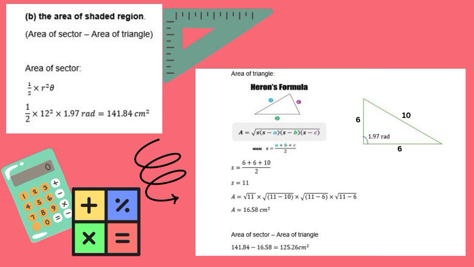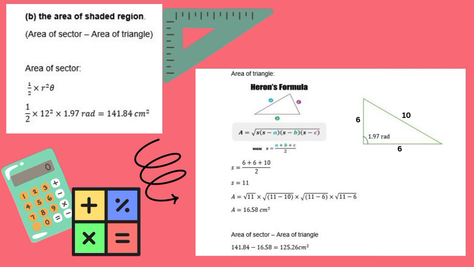After that, for picture number 2, the area not shaded. To find the area of the triangle, we use Heron's formula. Just calculate using the formula. Then we got the answer for the area of the triangle.